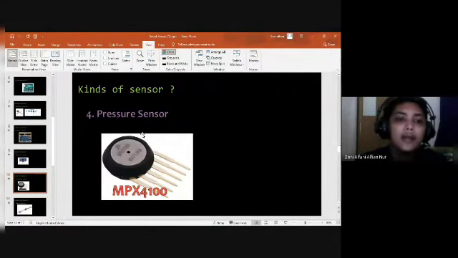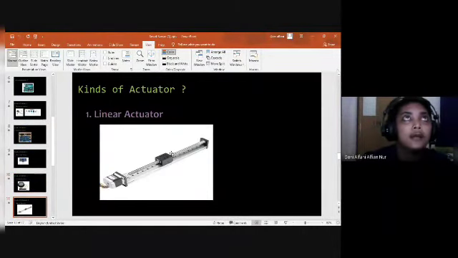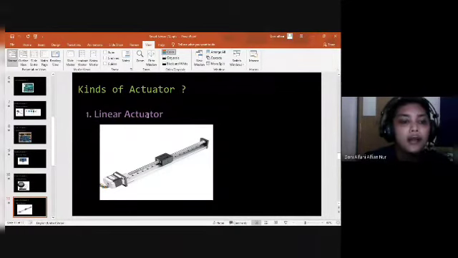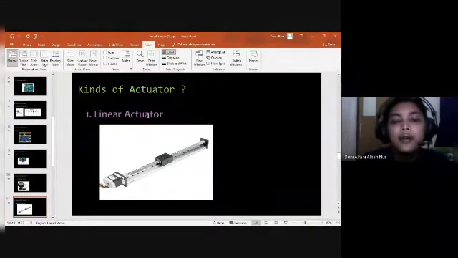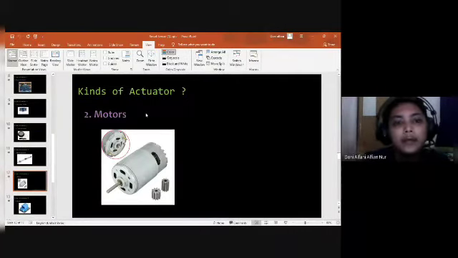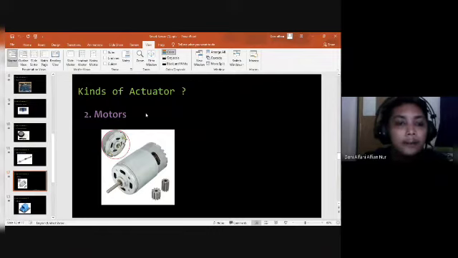Now we'll describe the kinds of actuators. Linear actuator is used to allow the movement of an object or element in a straight line. Motor is used for the precise rotational movement of a device component or an entire object.